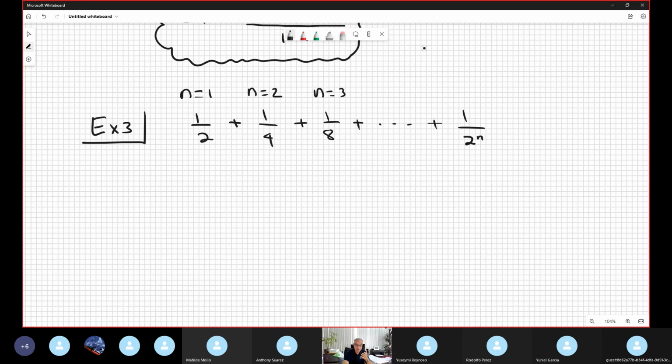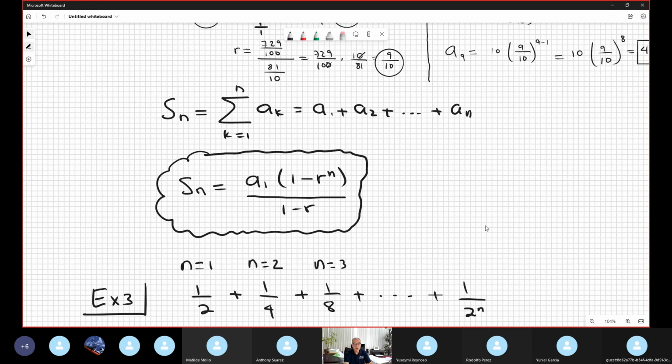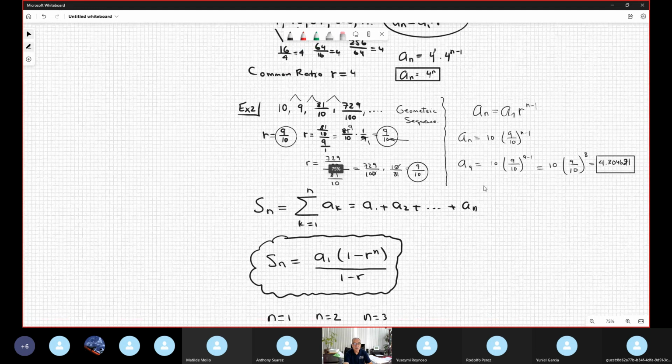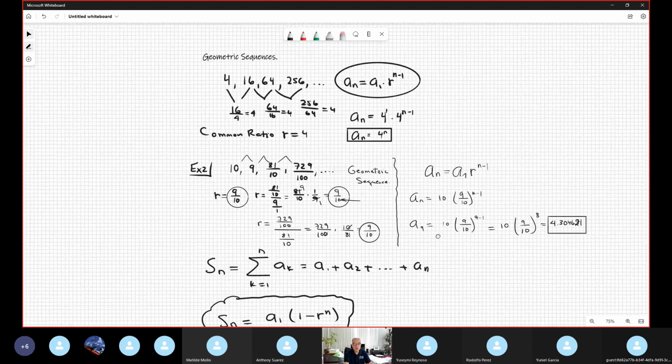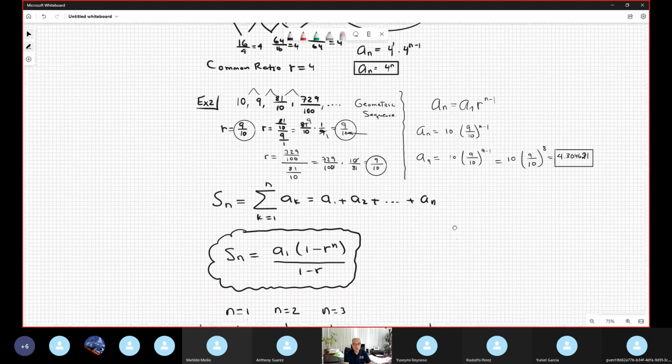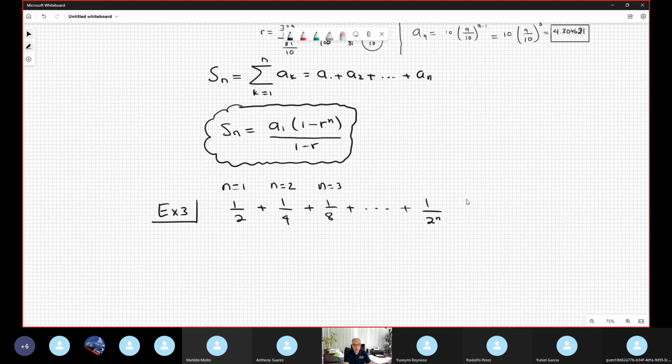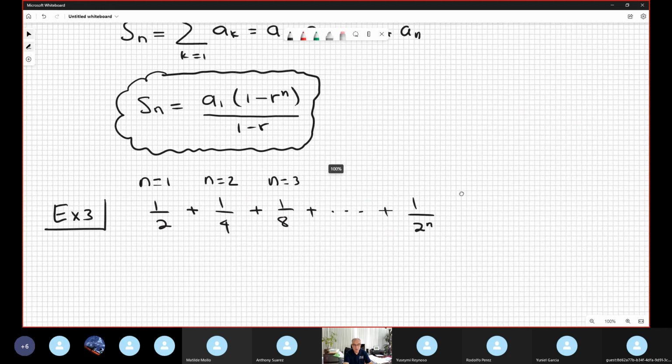Of course yes, because we are studying geometric sequences, no? What is the formula for finding the common ratio? You divide, no subtraction. In arithmetic, subtraction. In geometry, division.